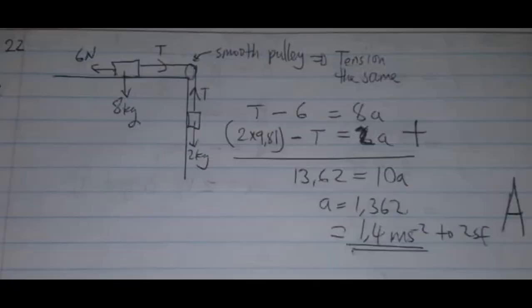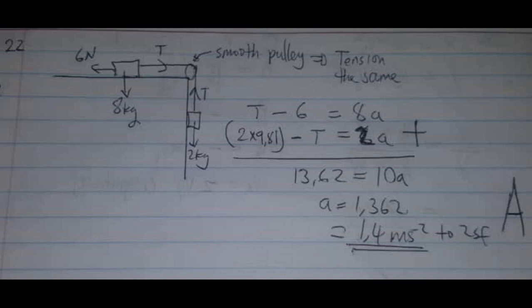Now the 6 newton force is going to the left, and then the box has mass 8 kg, so it will be weighing 8 times g. And then T is pulling to the right, so the tension is pulling to the right.